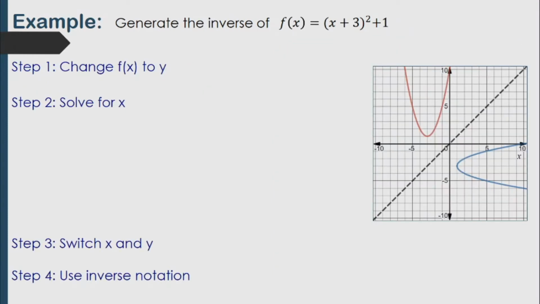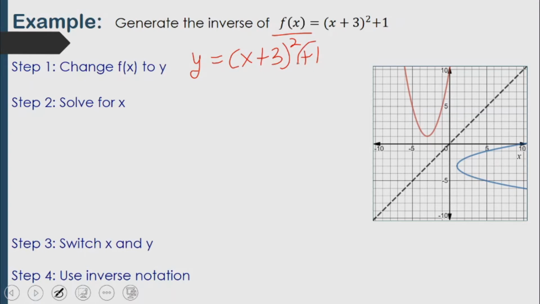So up to this point, we don't know what the equation of this inverse is. So let's generate the inverse by following these basic 4 steps. The first step says we should change the f of x to y. So this becomes y = (x + 3)² + 1. Then we want to solve the equation for x.